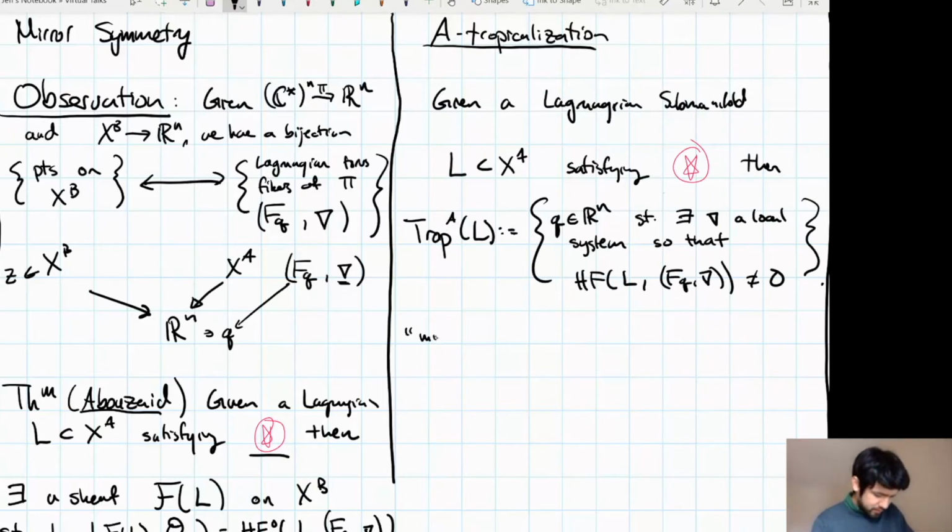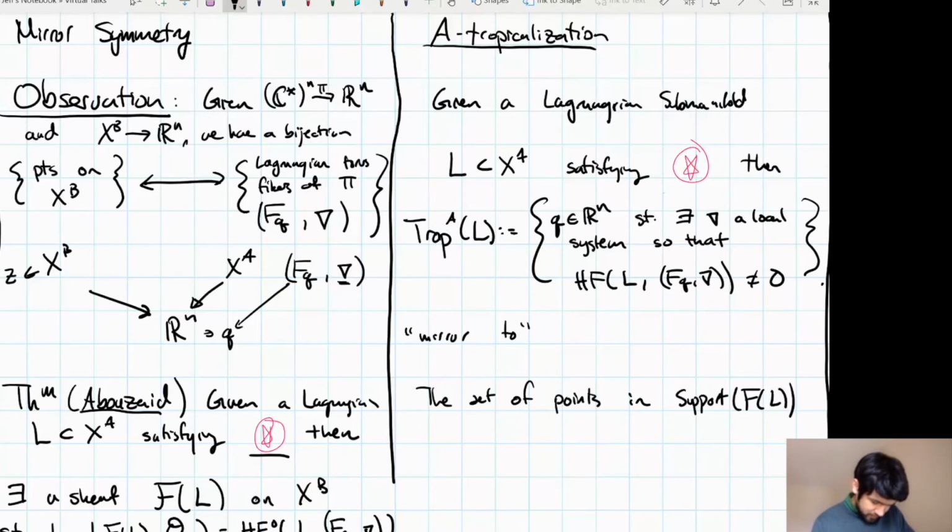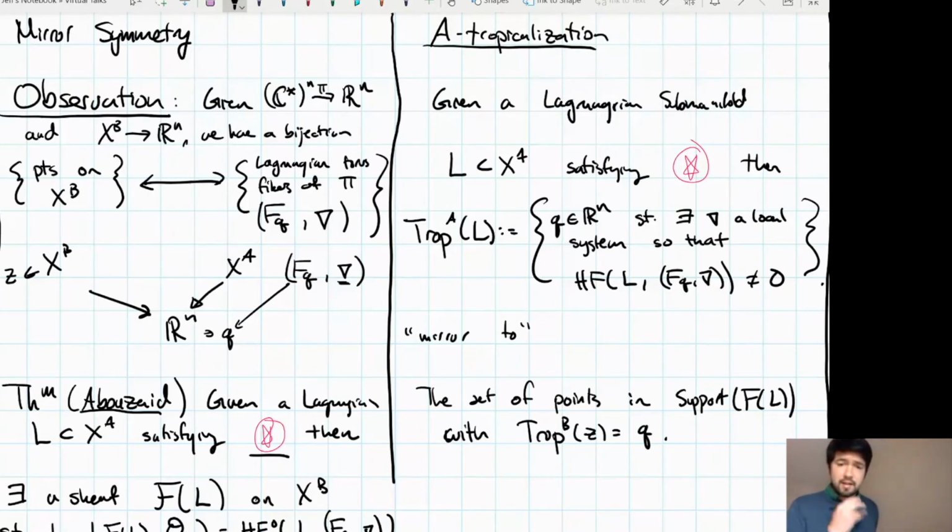So this is mirror to the set of points in the support of FL with tropicalization equal to Q. So I look at all of these Lagrangian torus fibers.